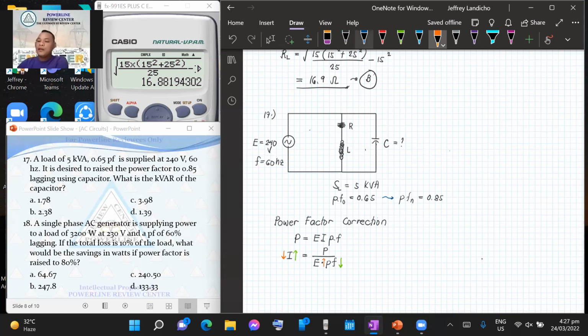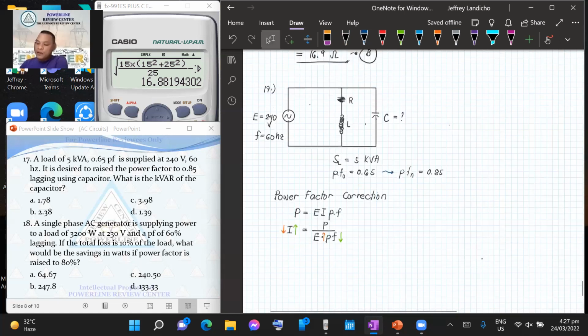And paano natin improve yung power factor? So there are several ways to solve or to improve the power factor. One of which is using capacitor bank, or simply CB.